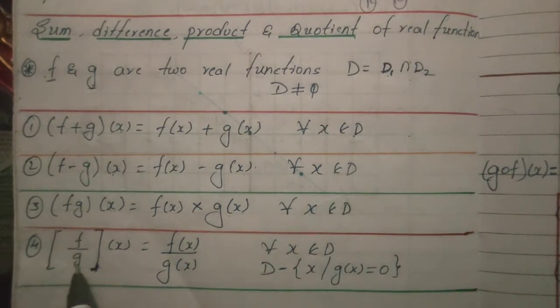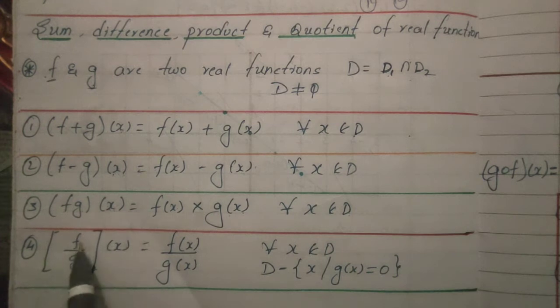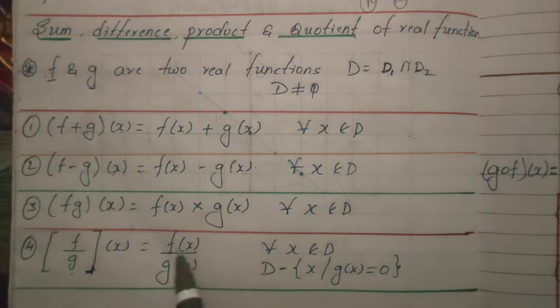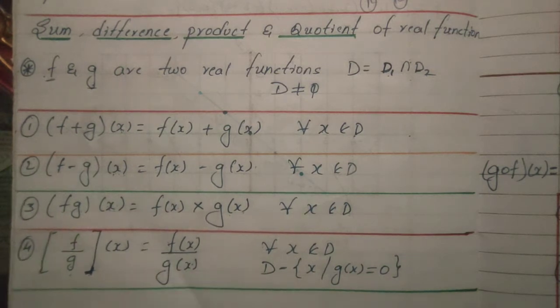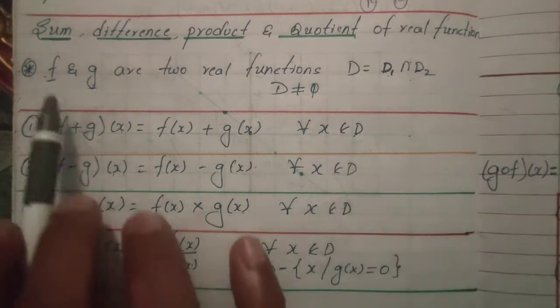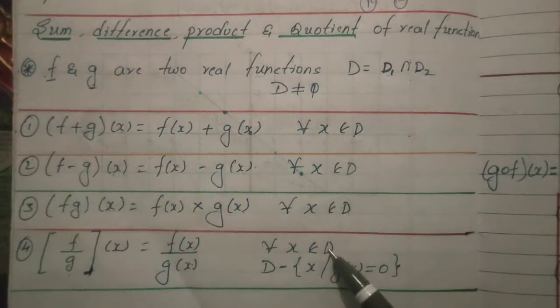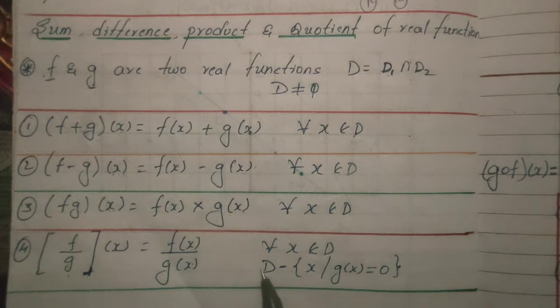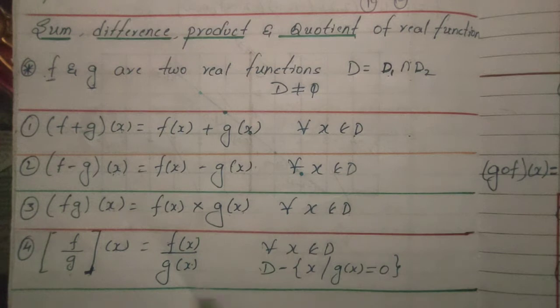Now f divided by g of x means two functions we are dividing. How we can write it: f of x by g of x, where x is in the common domain from f and g function, and g of x should not be 0. You can take the common domain other than where g of x is equal to 0.